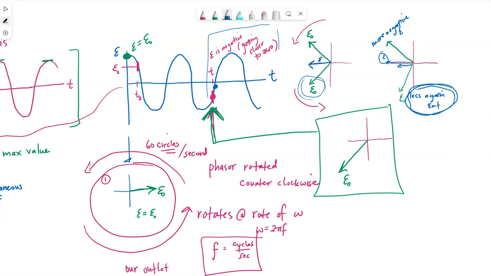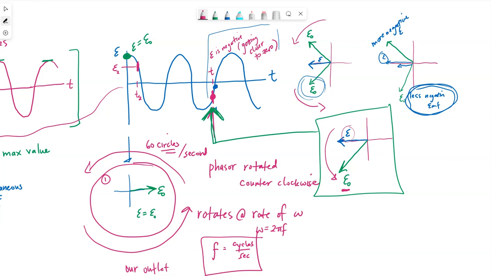It tells us there is a negative value of the EMF at that instant, but because phasors rotate counterclockwise, this x component will be getting smaller. It still will point in the negative x direction for a little bit longer, but it will get smaller as that phasor rotates.